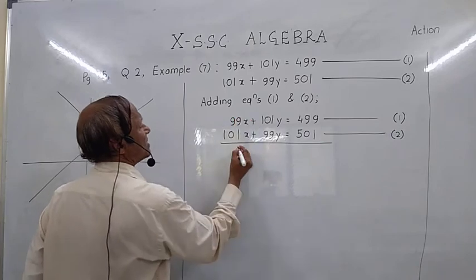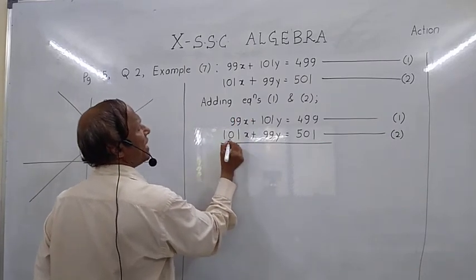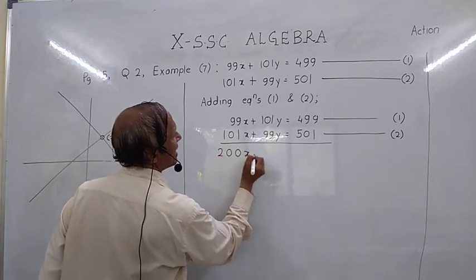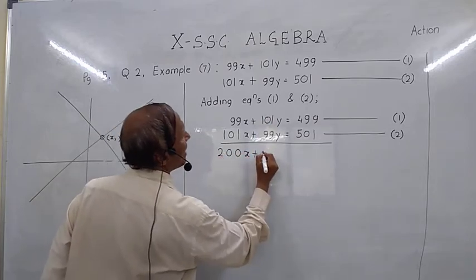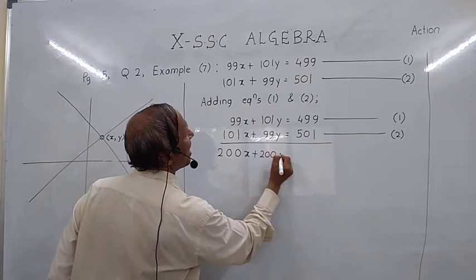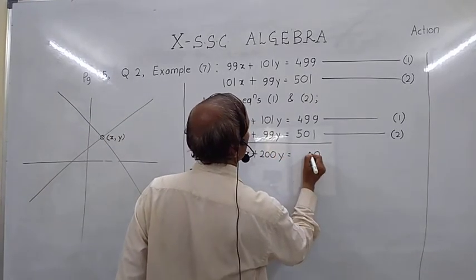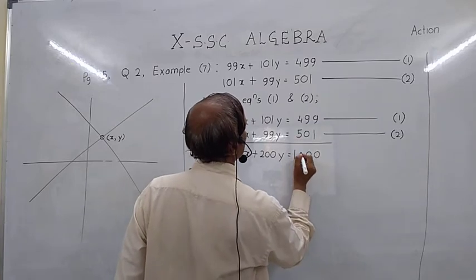Now we will add this. 9 plus 1 is 10, 9 plus 1 is 10, 1 plus 1 is 2. 200x plus 200y is equal to 9 plus 1 is 10, 10, 5 plus 5 is 10, so 1000.